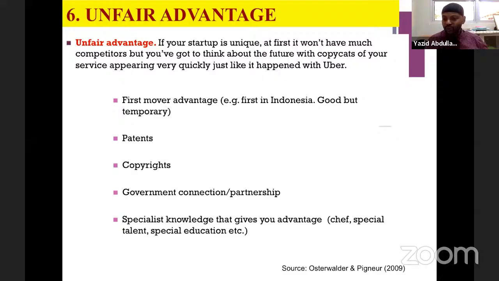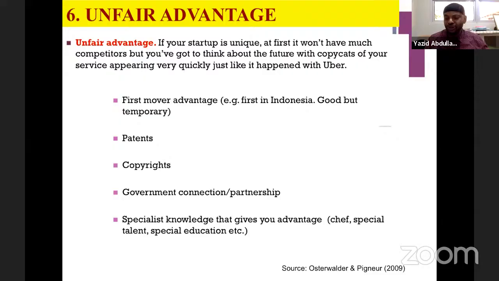Another one is network. I didn't add it here, but you can add it, network. Let's say, for example, Gojek. We all know that Gojek already has a large network of motorcycle riders and also a large network of car drivers under them. So if you were to go and imitate the Gojek app today, you're going to have a lot of headaches trying to catch up to Gojek.